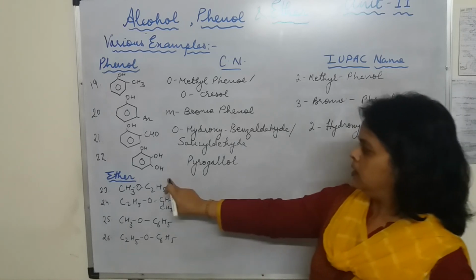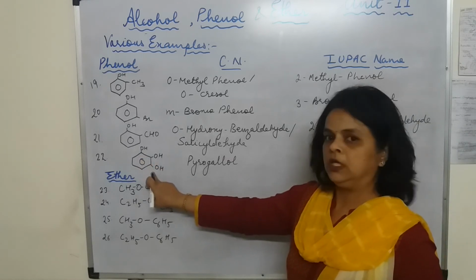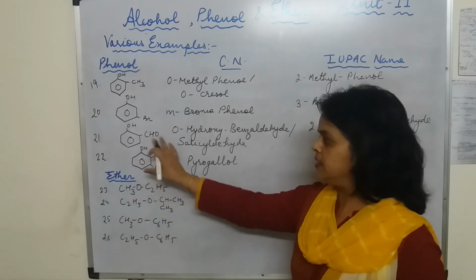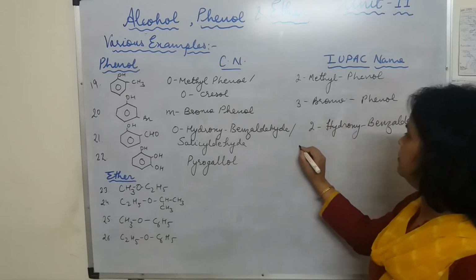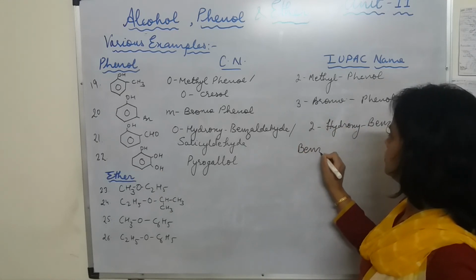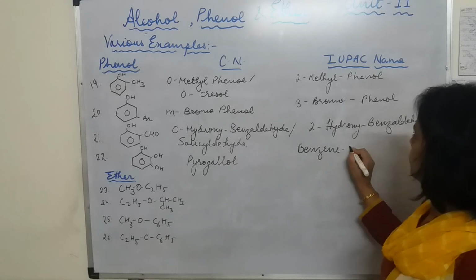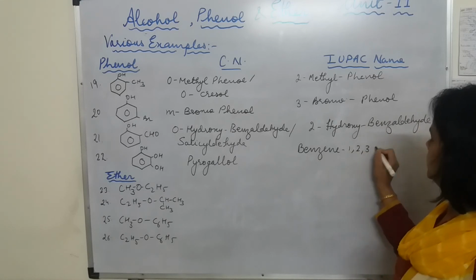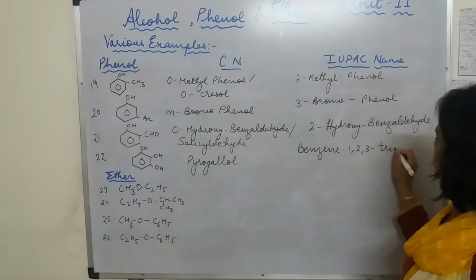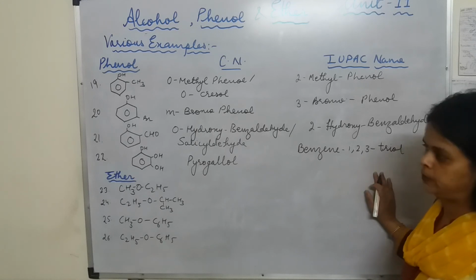Okay, now here 1, 2, 3 benzene, because they are attached with the benzene, so what is the name? Benzene-1,2,3-triol. Okay, so it will be the IUPAC name.